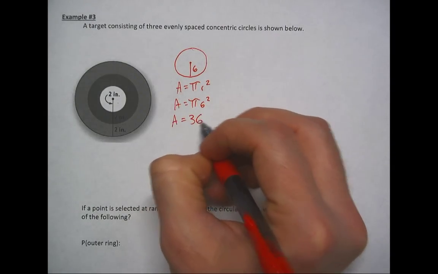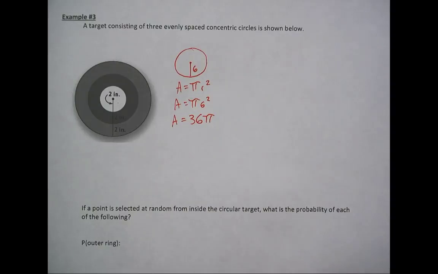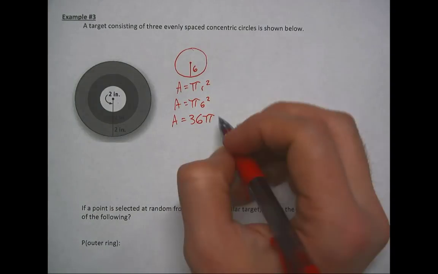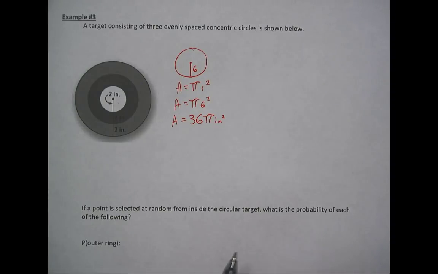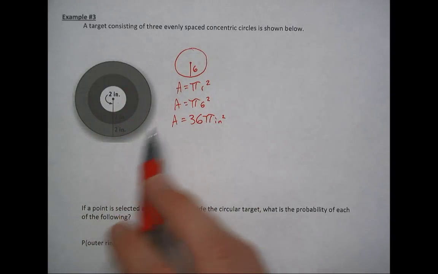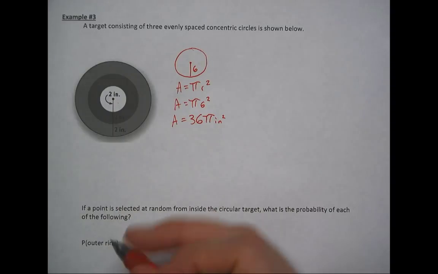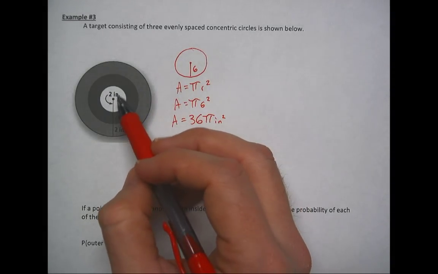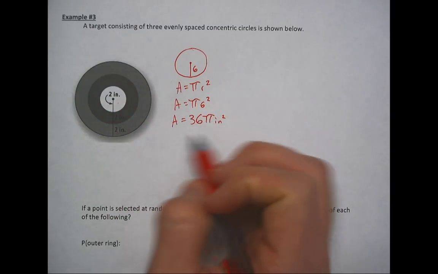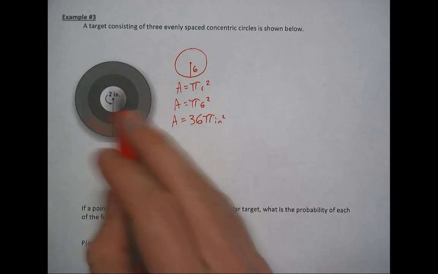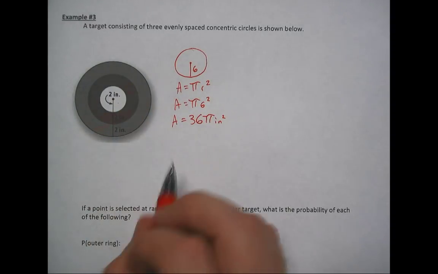And we're going to leave pi alone, so we're going to leave our answer as 36 pi inches squared. Area is always squared. So the area of the whole thing is what we're always going to be comparing to when we're talking about probability, what's the chance you hit this little region? We're going to compare that region to the whole thing. So we're going to be comparing everything to 36 pi. That's the total number of outcomes. That covers all of it.